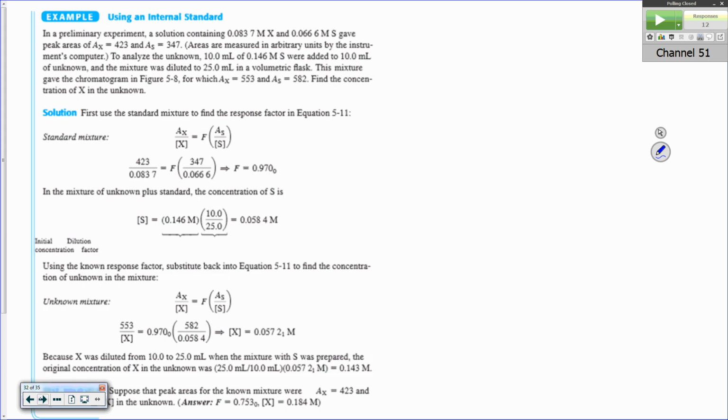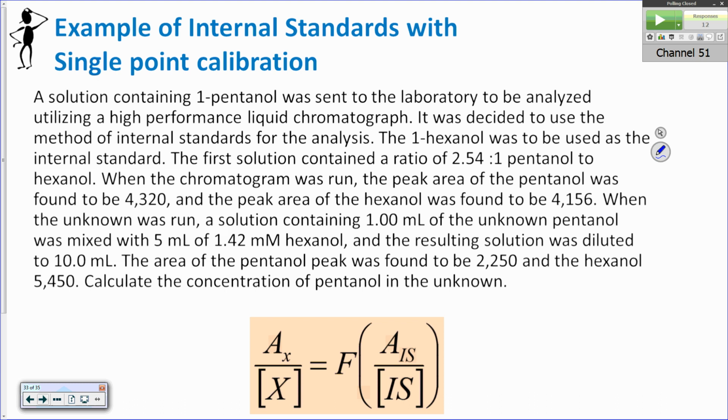I did an example in the notes. Let's at least take a look at how you set this up. When you're reading this type of problem, you look at it and realize quickly it's not a traditional calibration. You've got to figure out: is it standard addition or internal standards? So we look for that keyword.